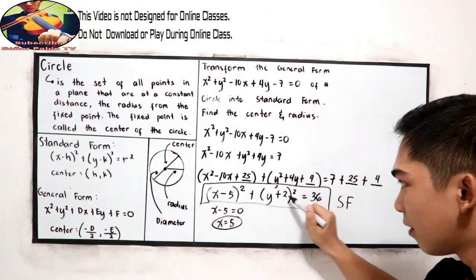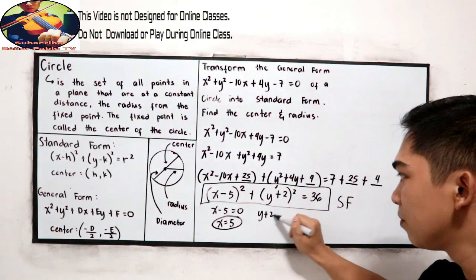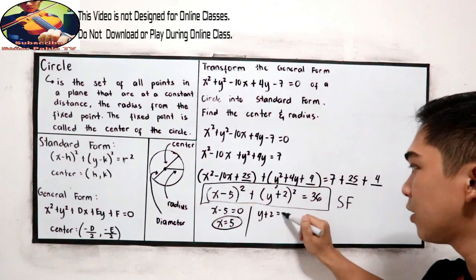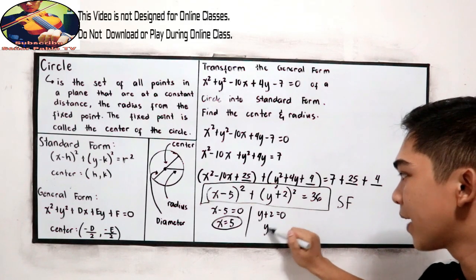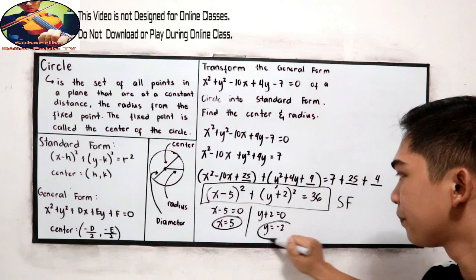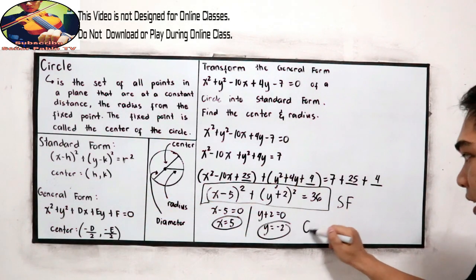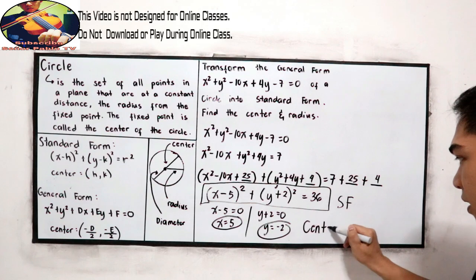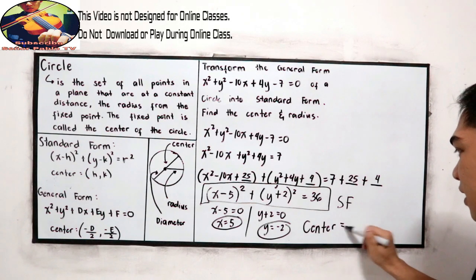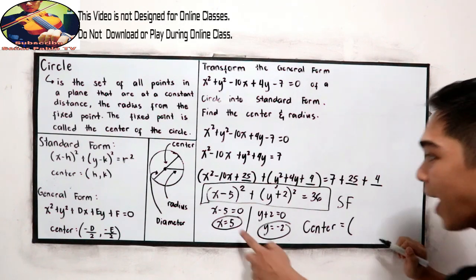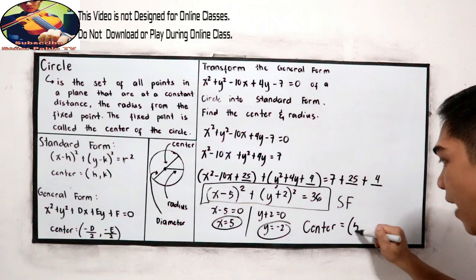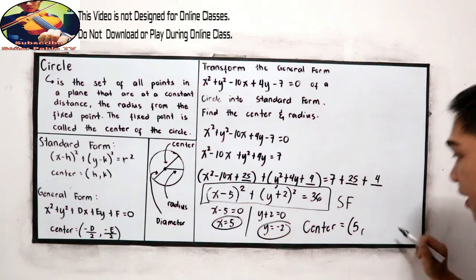And y plus 2 equated to 0. So y is equal to negative 2. Now the center is, so our center is equal to, our x or h is positive 5 and our k is negative 2.